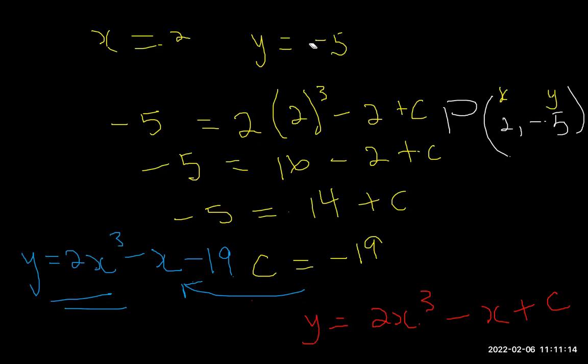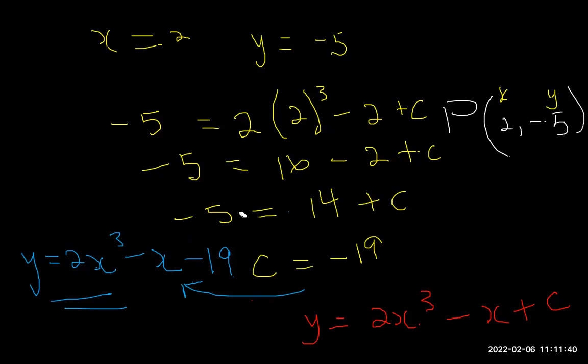So y, we said, is minus 5. So I put minus 5 here, is equal to 2x cubed. X is 2, so that's 2 by 2 cubed, minus x. X is 2, so that's minus 2. And then we're trying to find the value of c. Minus 5 is equal to 2 cubed is 8, 8 by 2 is 16, minus 2, plus c.